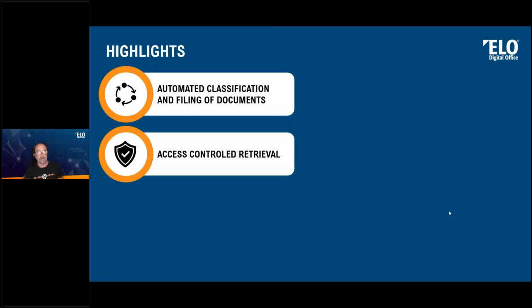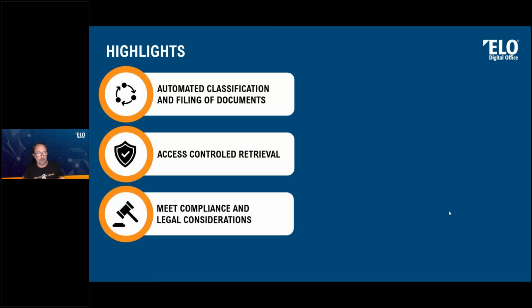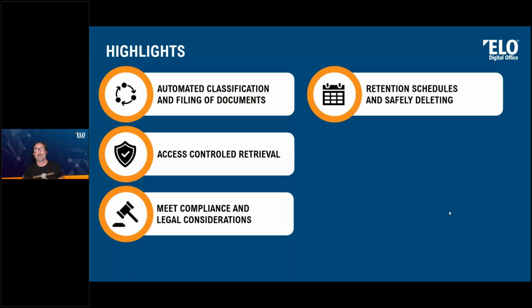So this can be done with permissions with users and groups. You can meet compliance and legal considerations with the ELO ECM Suite. We can have a look at the retention schedules and then safely delete those documents and records after the retention period has ended.